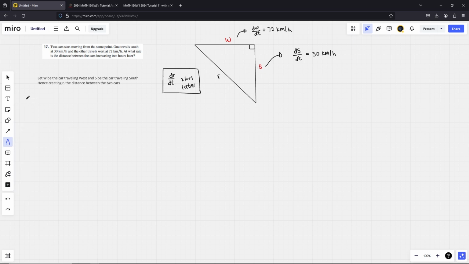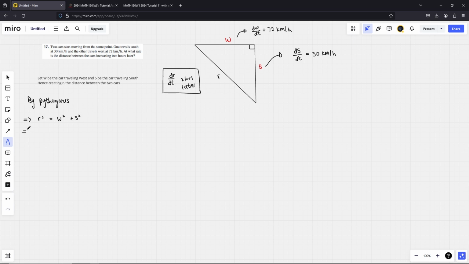So now we can say, well, by Pythagoras, r squared is going to be equal to w squared plus s squared. So here's my hypotenuse and then my two sides. And how do I know it's the hypotenuse? Well, it's across the right angle.